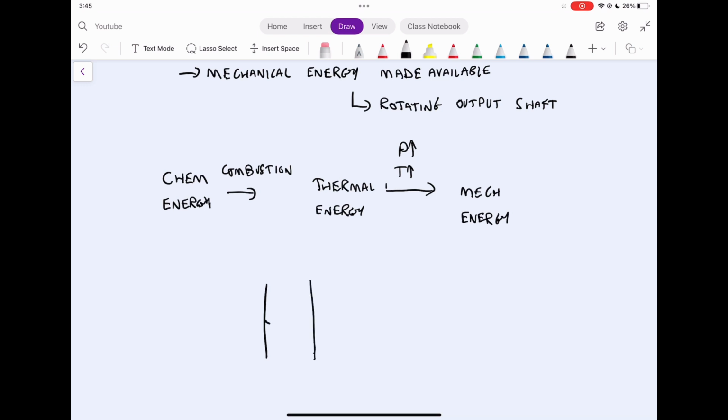Now, just to look at a little bit of a diagram of how an engine works. Typically, most engines are going to be reciprocating, especially IC engines. You can see there are two valves drawn there.